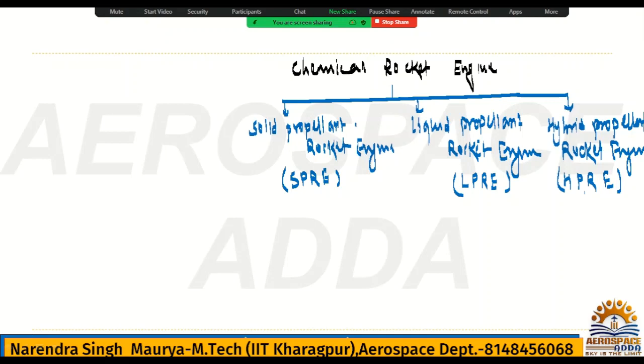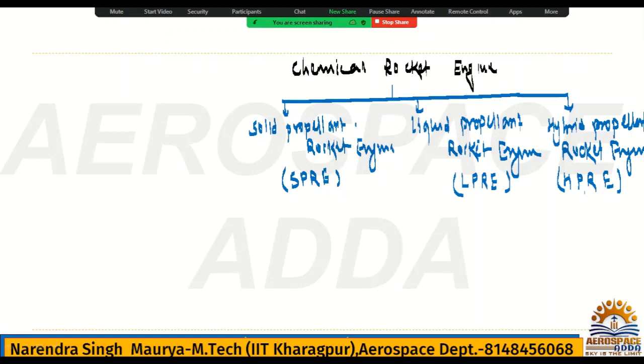And the propellant charge is called grain. You might have seen that propellant in your college lab. It is in solid form, and that propellant charge is called grain, and it contains the entire chemical ingredients for complete burning.